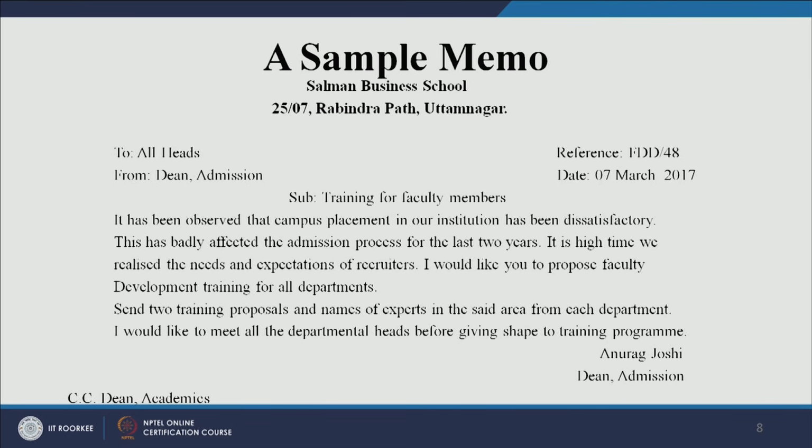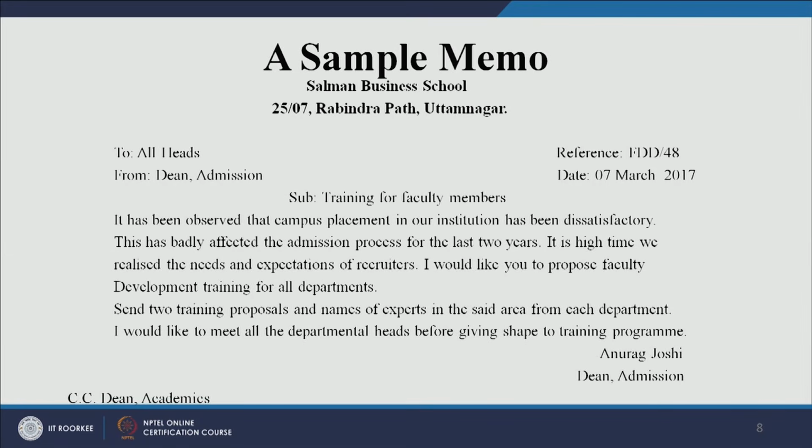Now this is actually a sample memo, but this is a sample memo alone. You can also draft several memos, and depending upon the need, depending upon the exigency of the situation, you will be able to draft several other memos with several other functions.